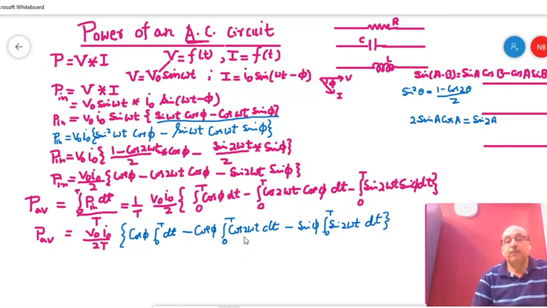Here the time integral of cosine for full cycle will be 0 and the time integral of sine for full cycle will also be 0.